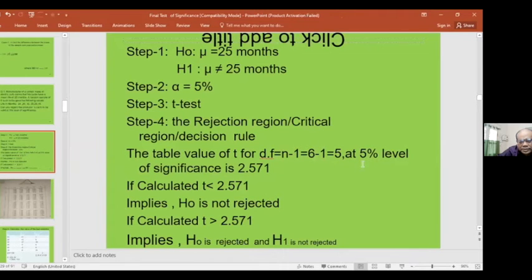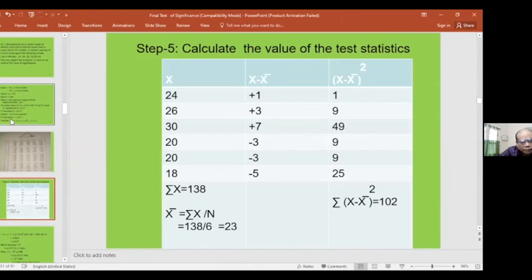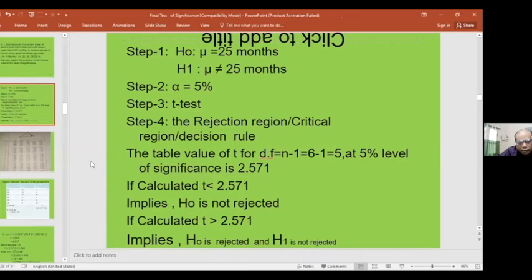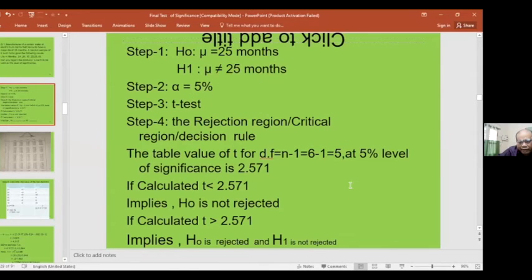The degree of freedom here is n minus 1. Your sample size is 1, 2, 3, 4, 5, 6, so 6 minus 1 means 5. Look at the t table here. The degree of freedom is 5 and the level is 5%, so the value is 2.015. So at the 5% significance level, you refer to the table.